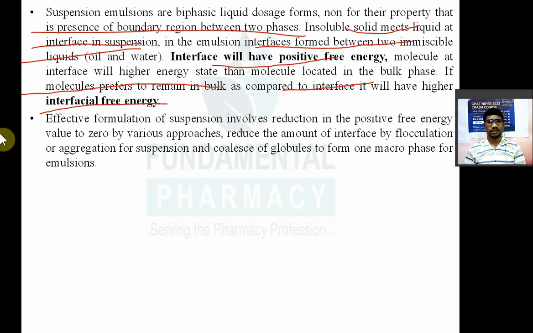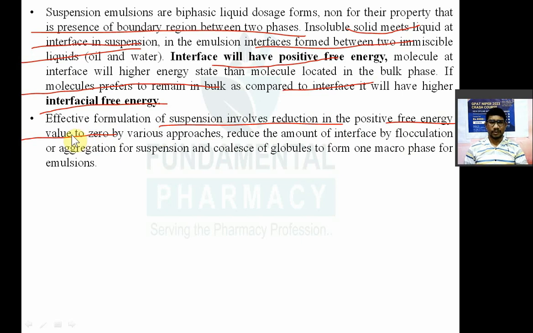Effective formulation of suspension involves this free energy. The main important task of the formulator is to decrease this free positive energy, reducing its value to zero. This value has to be made zero, because the higher the free positive energy at the interface, the more unstable your system will be.